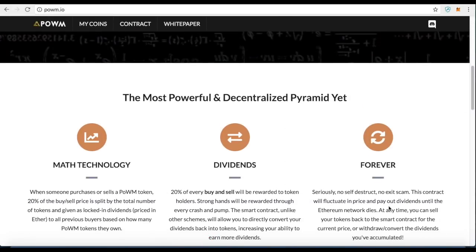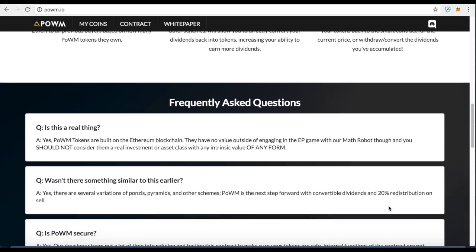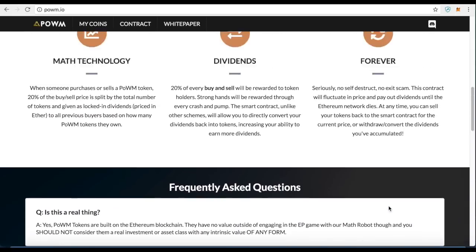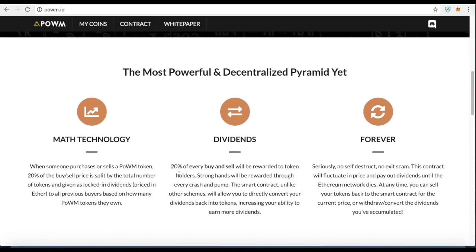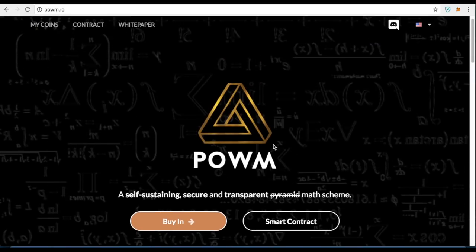Okay, if we come down here, this is really interesting. They're paying 20% of every buy and sell. Wow, rewarded to token holders. Strong hands will be rewarded through every crash and pump. The smart contract. Very interesting. And this is M, Proof of Weak Math.